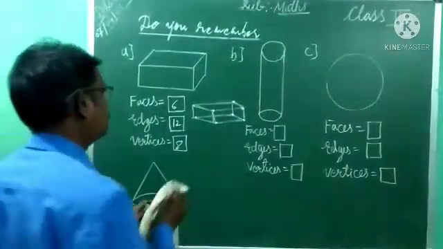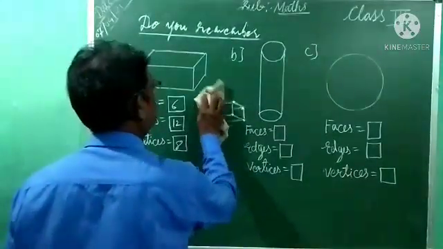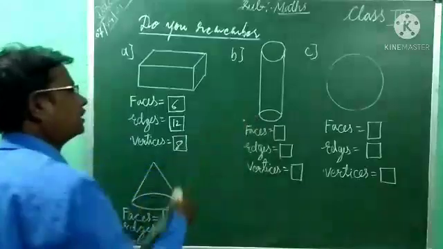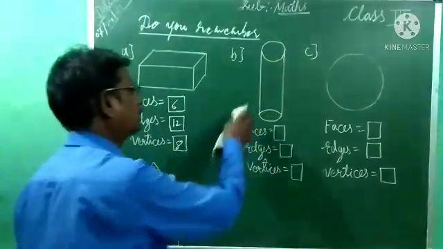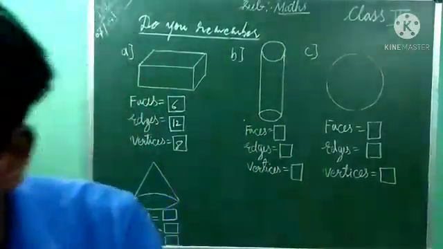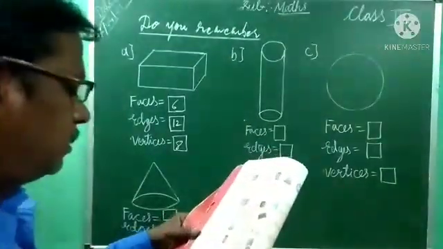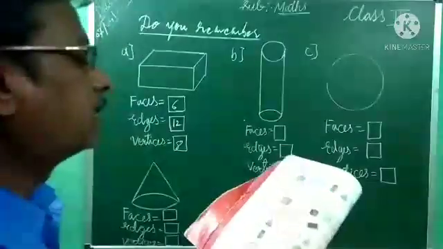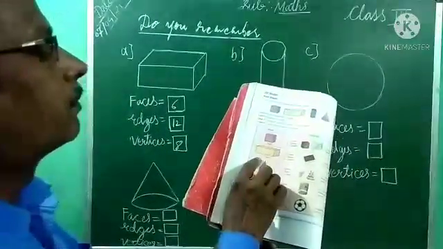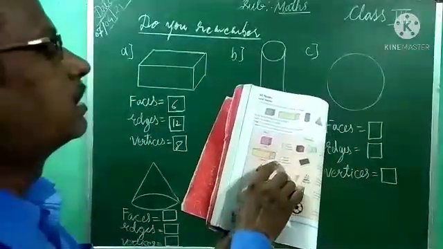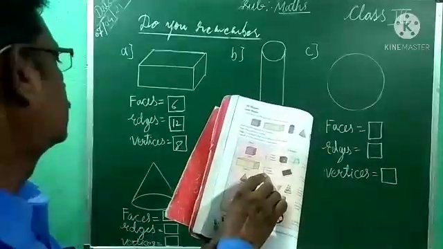Understood? For example, a brick or geometry box, many examples are there. All these things are given in your textbook, page number 300. Cuboid example: faces 6, edges 12 and corners 8.